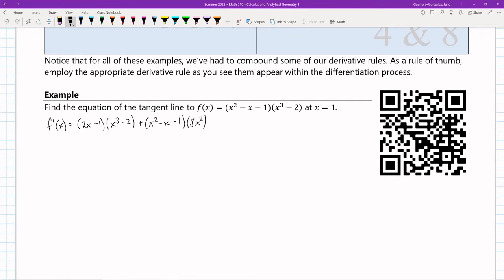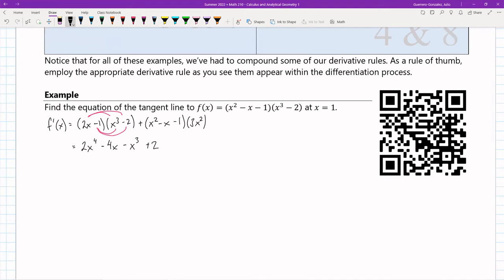What I'm going to do now is expand this so I can show you that it's going to be the same answer from our very first version. If I do the foiling here, I'm going to get 2x to the 4th minus 4x minus x cubed plus 2.